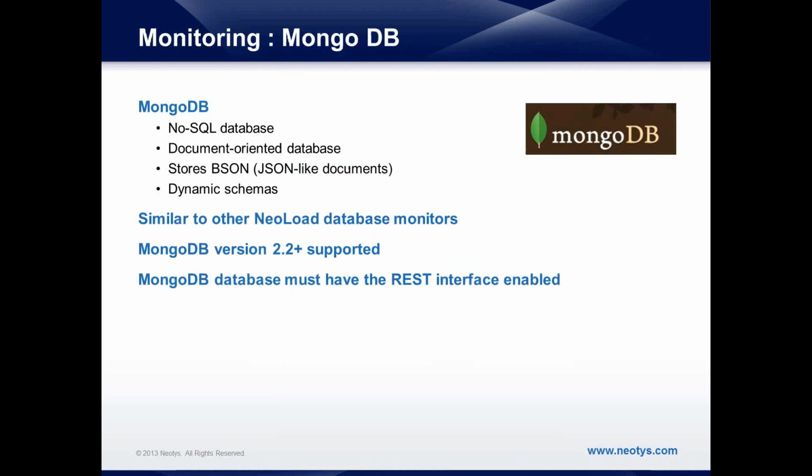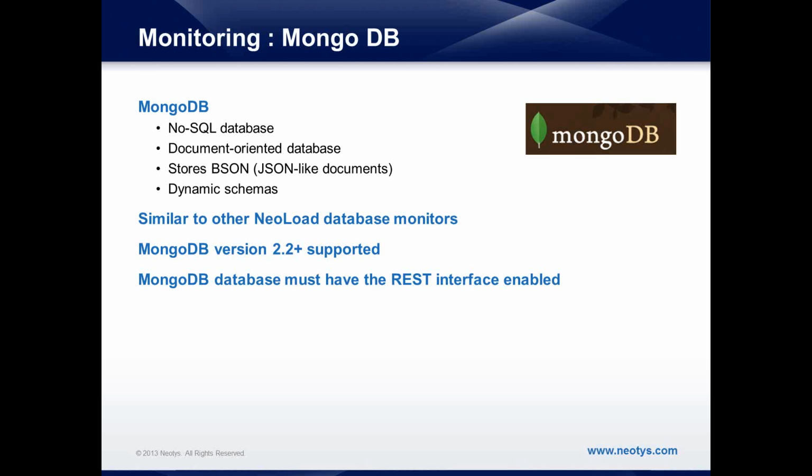Now if we get back to what has been improved, we have a new monitor for the MongoDB database. Maybe you know this specific database. This is what we call a NoSQL database. It is document-oriented, stores JSON-like documents, and has dynamic schemas.